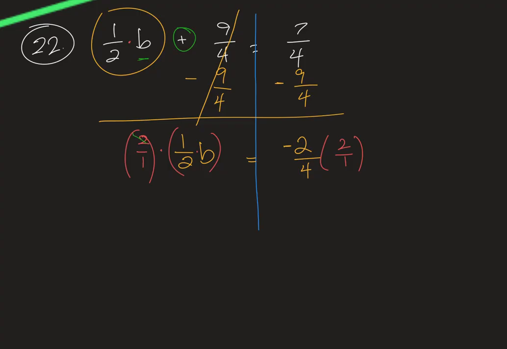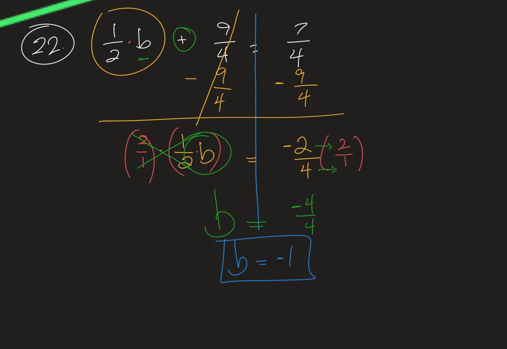And here's what happens. The 2's cancel, and these 1's cancel, leaving us with just b. So b equals, and now -2 times 2 is -4. 4 times 1 is 4. We get that b equals -1, because -4 divided by 4 is -1.